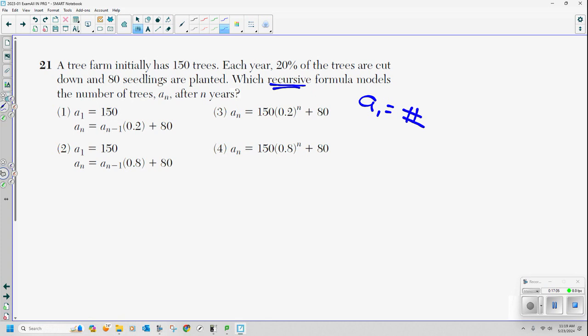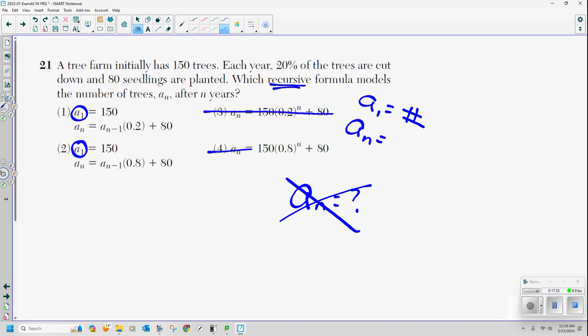They have to give you a number for a1, and then they give you the equation afterward. It is not just going to be some equation without an a1. That's what recursive means. So choice 1 has an a1, and choice 2 has an a1, but 3 and 4 do not. So I can't even look at those because of this word recursive right here.